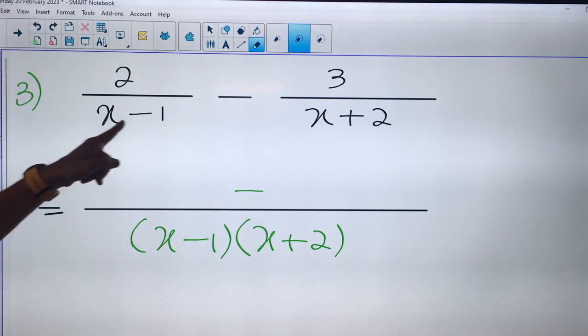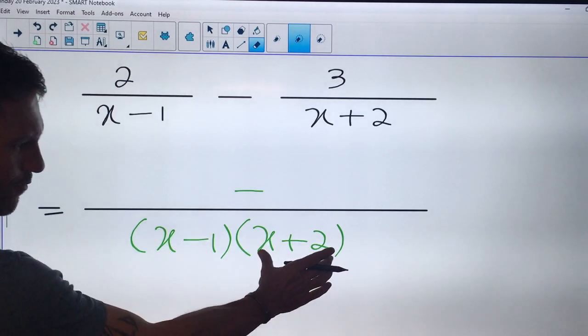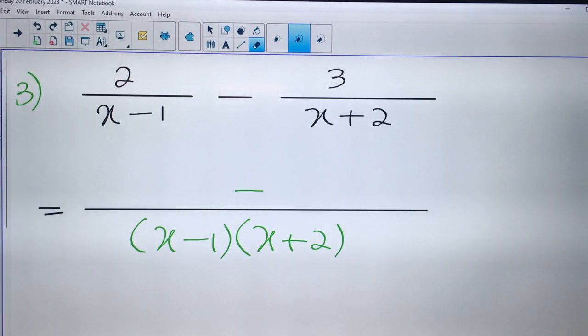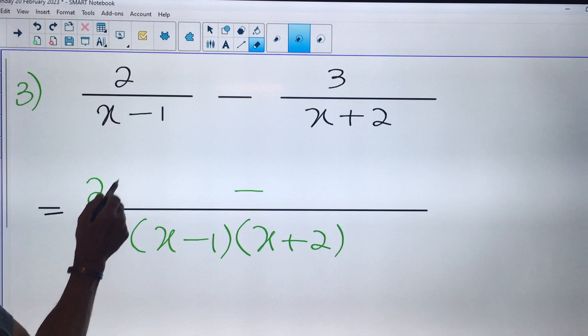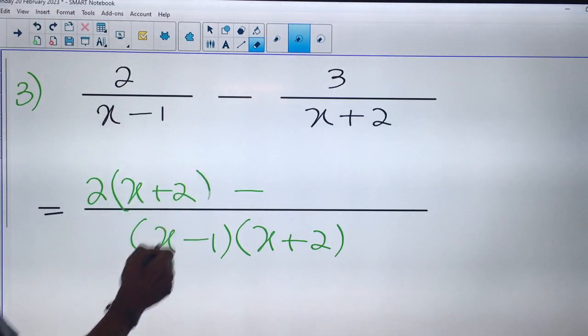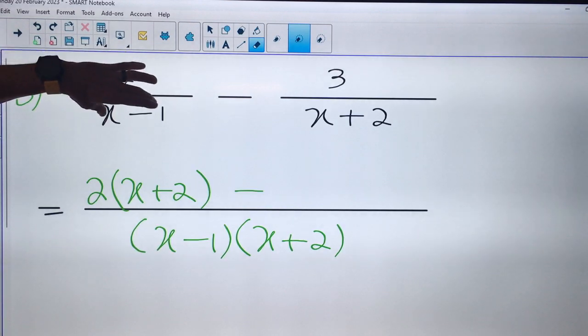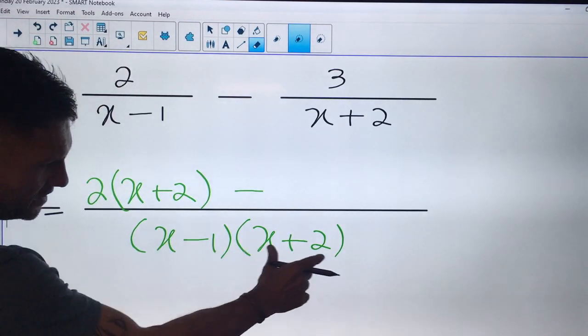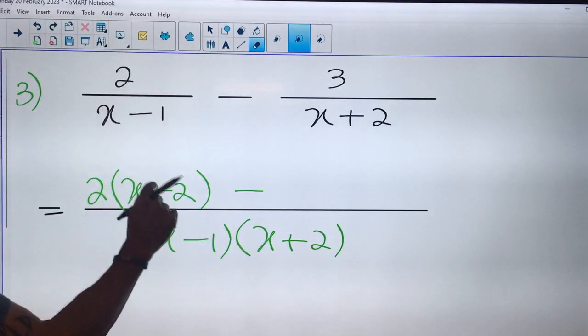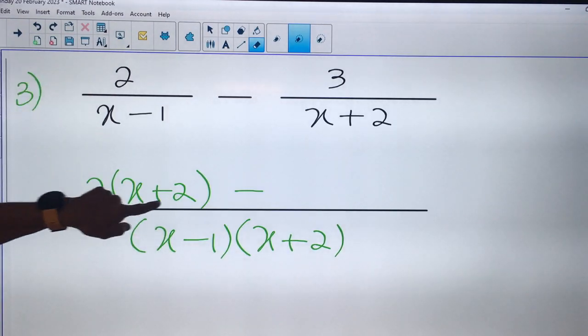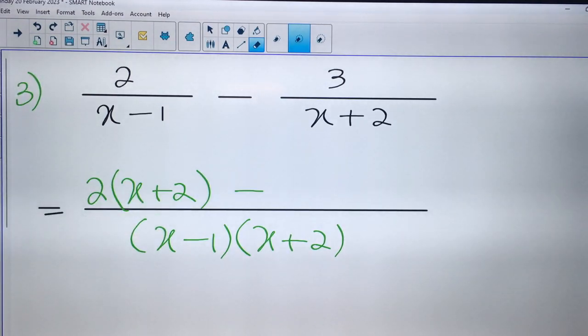Check. Here's x minus 1. Here's x minus 1. And now all of a sudden I have that bracket extra. So this bracket is extra here. And this would be 2 times x plus 2. Check again. x minus 1 is multiplied by x plus 2. That means the numerator must also be multiplied by x plus 2.